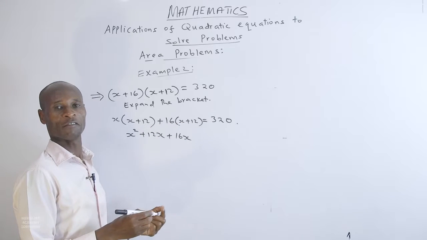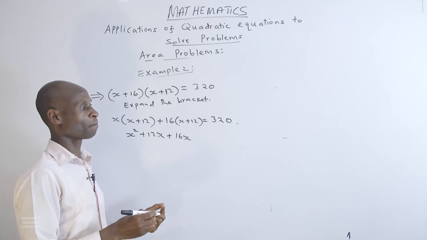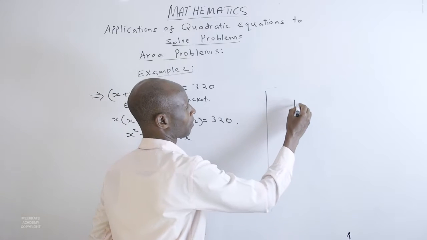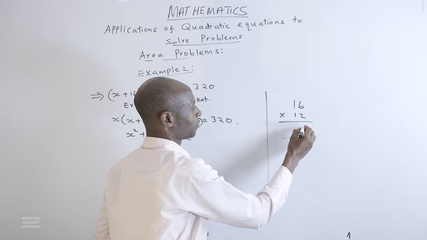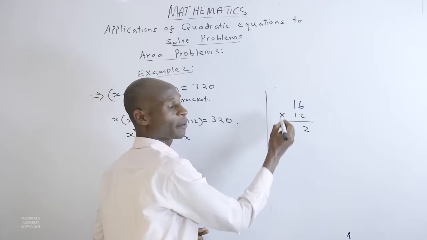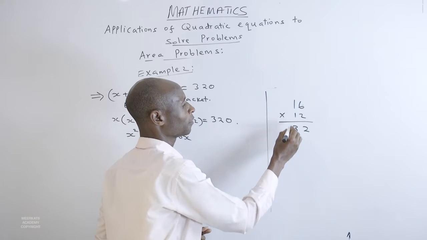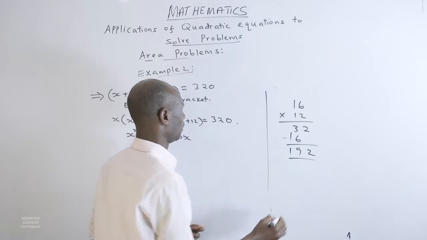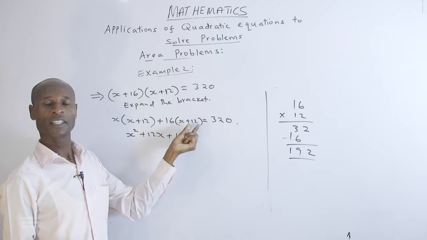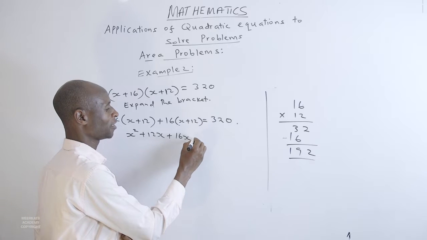What is 16 times 12, class? 2 times 6 is 12, carry 1. 1 times 6 is 6 plus 1, 7... So we find that 16 times 12 is 192.